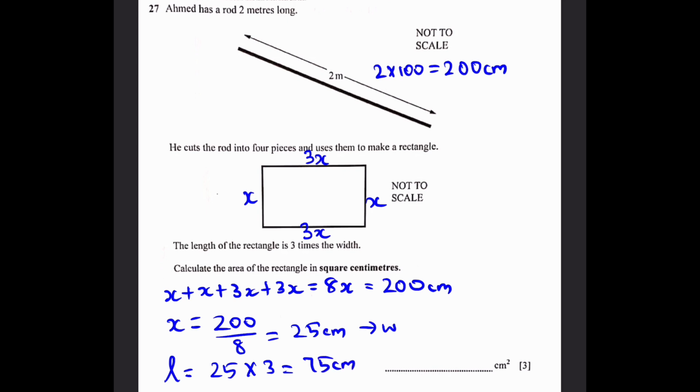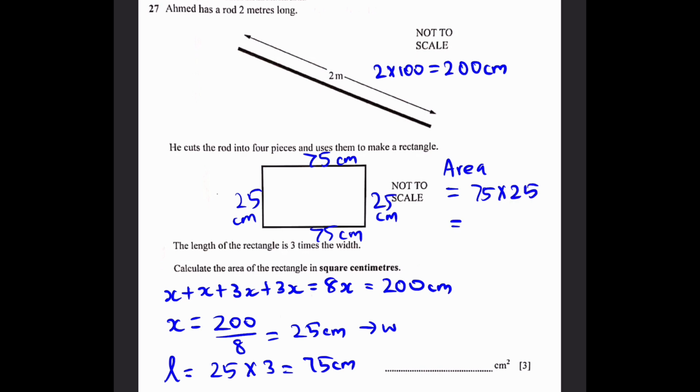So we've got this covered. Let's erase the x's and 3x's up here and replace them by numbers. 75, 75, 25, 25, all in centimeters. Now we need to find the area of this rectangle. The area is equal to 75 multiplied by 25.